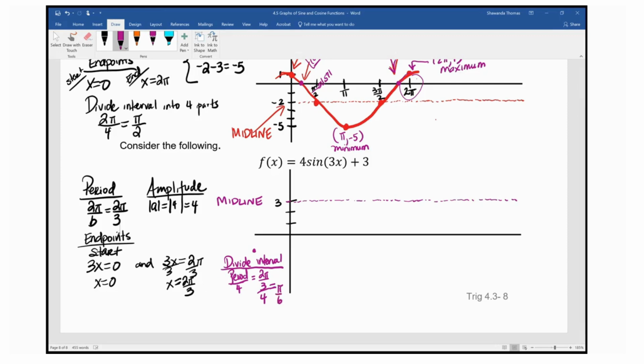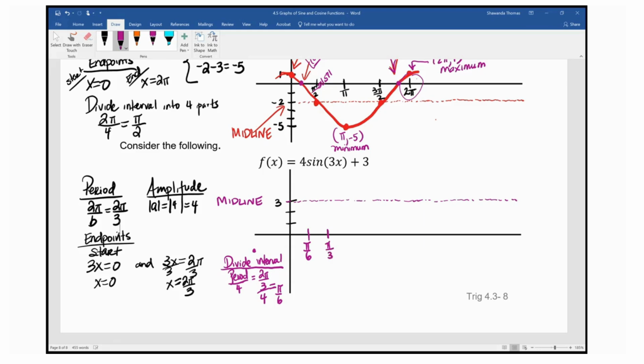All right, so our start point is 0. We're going to divide it to pi over 6. So pi over 6, add another pi over 6. Where are we? 2 pi over 6, which reduces to pi over 3.